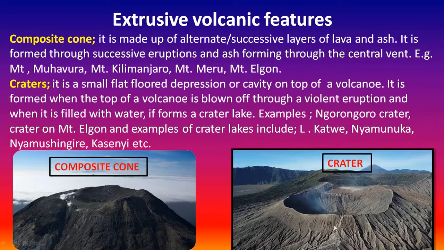What you see here is not actually small, it's big, but a sharp depression, a cavity on top of this volcano. It's blown off when violent eruption happens. So this can help us understand what we always look at theoretically. Now practically we can see this in photos and understand them better.